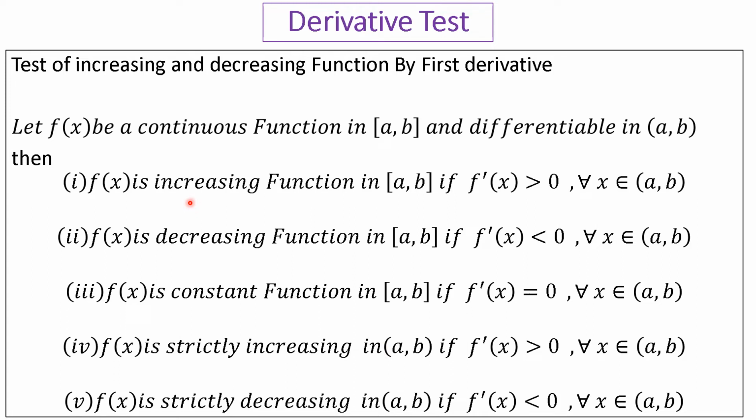See here, just increasing function, here we have closed interval. Strictly increasing means here we have open interval. Just decreasing function, here you are going to see closed interval. Strictly decreasing, here open interval (a, b).